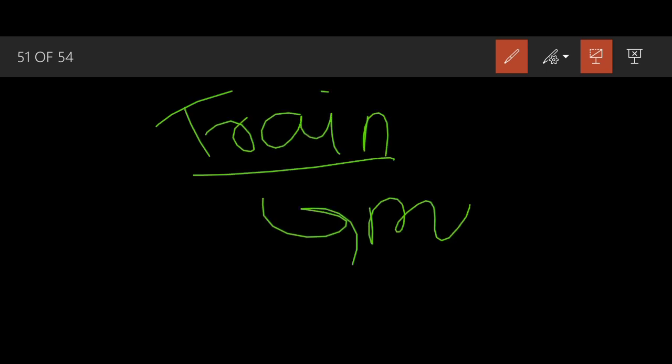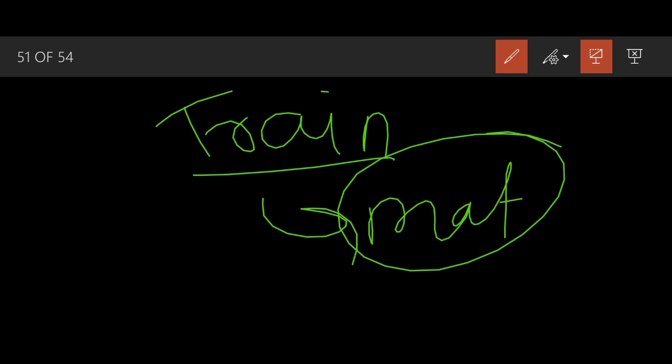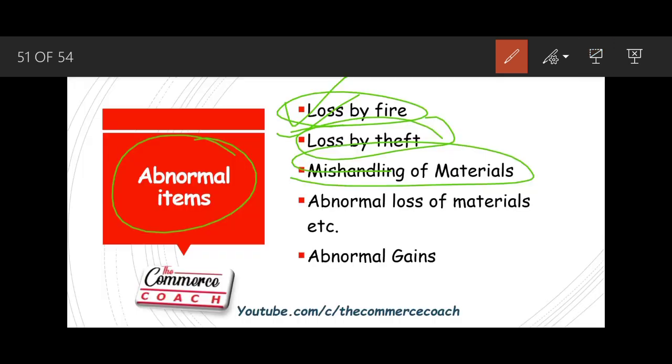Mishandling of materials. You must first train the employees how to handle the materials. If they mishandle the material, more and more quantity will be used. Suppose Mr. A has been hired as an employee and he has not been trained yet.